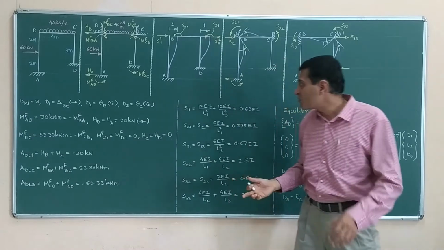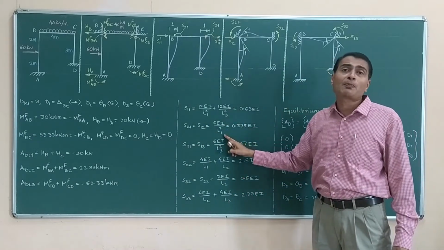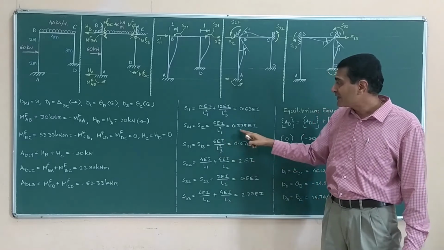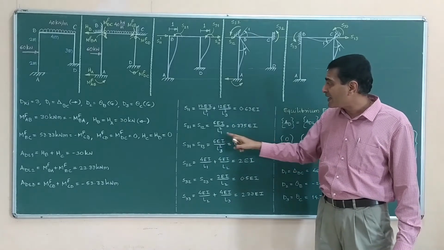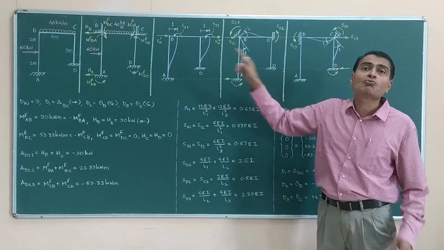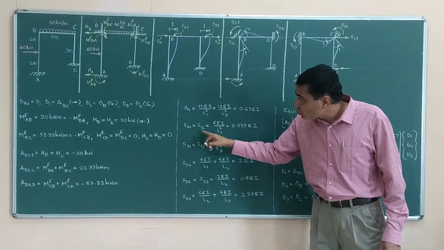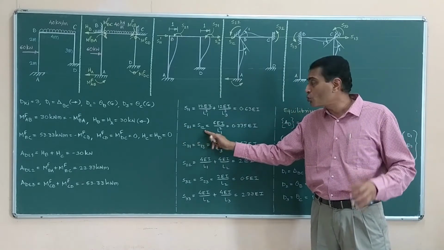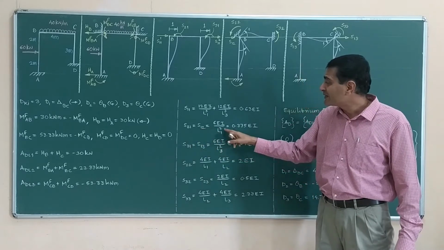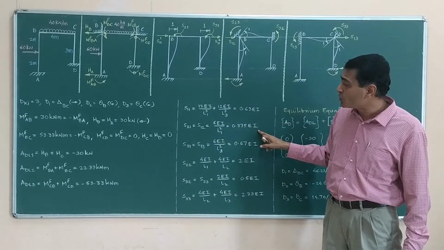Again we have a standard formula, S21 is equal to 6 EI upon L1 square, that is giving me 0.375 EI, where L1 square is obviously 4 square. We already know S21 is equal to S12, though I am yet to define S12, I have directly written here, that is equal to, my calculation is 0.375 EI.